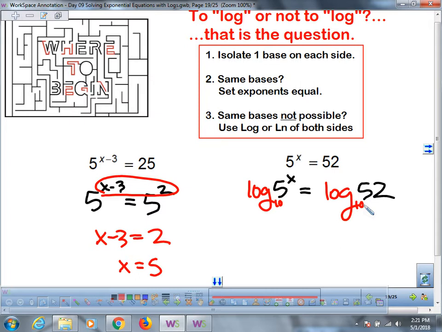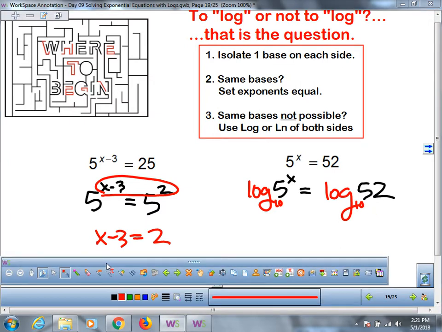what can I do? How can I take off the 10? Put the x out front.